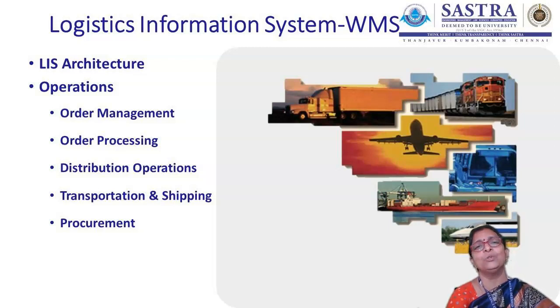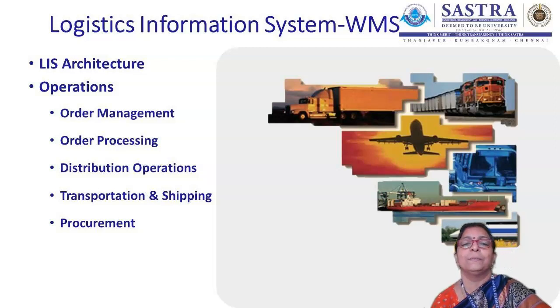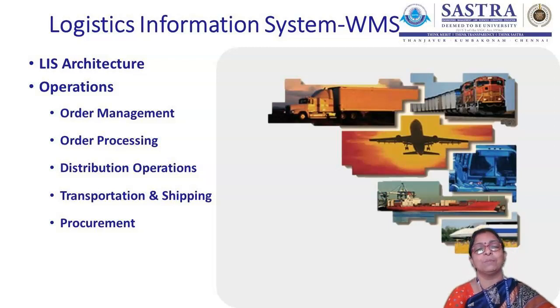What normally do we do related to this function? Performance monitoring, rate auditing, routing and scheduling, invoicing, reporting, and decision analysis. So we need a state-of-the-art transportation and shipping system which will incorporate planning and performance measurement capability.